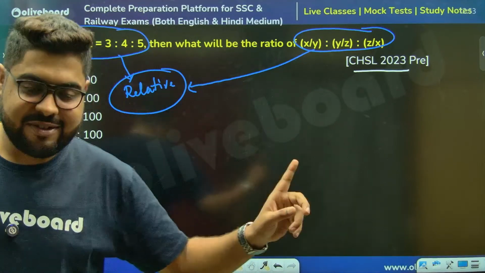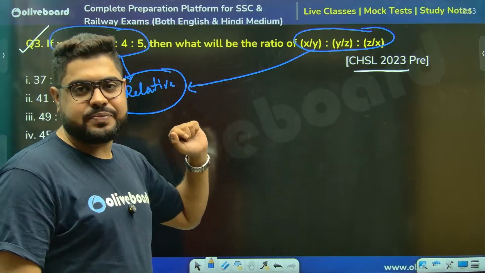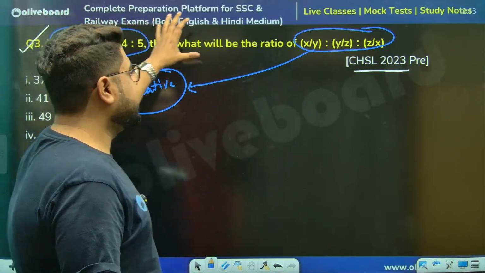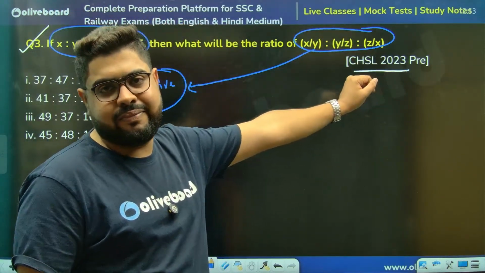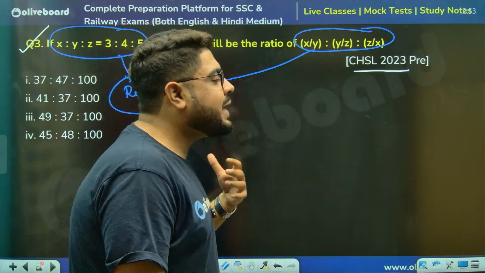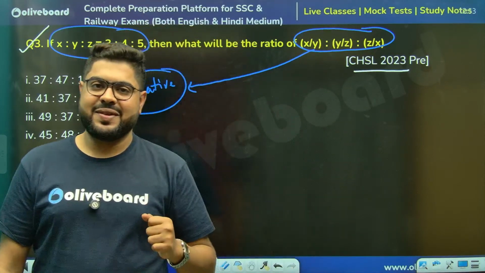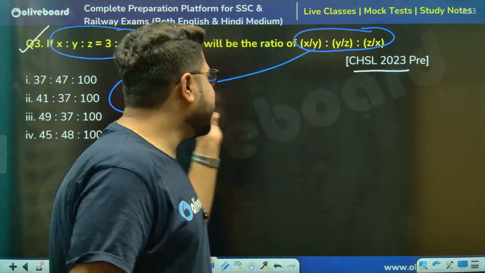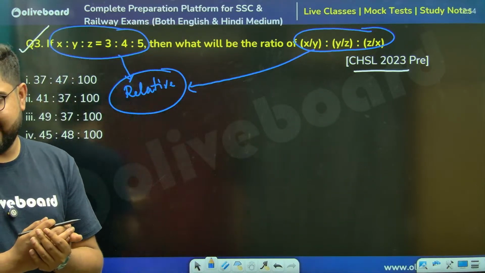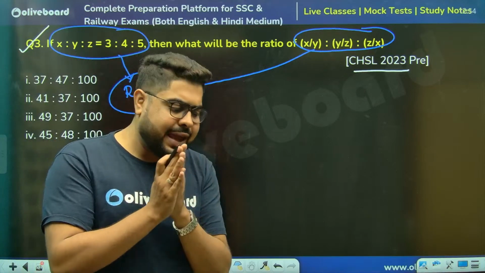Think carefully, try to understand this. The fundamentals: relative term they are giving, relative term they are asking. Meaning, in these situations, I can assume anything, because they are asking something that is completely relative.